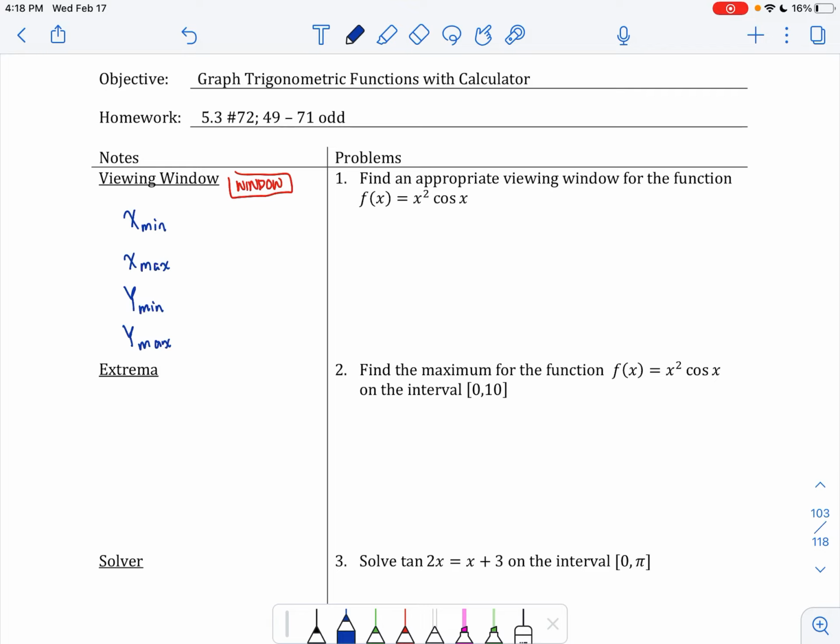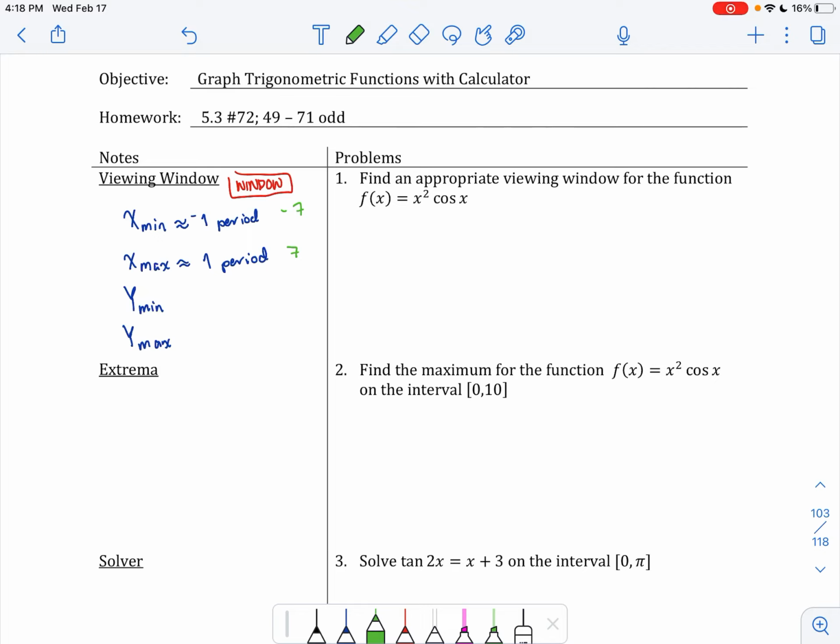Now, your x min and your x max, generally, we want these approximately equal to 1 period. So for min, you have a -1, for max, +1. If your period is 2 pi, you can just type that in there. Since 2 pi is about 6, maybe just put -7 and +7 as a nice default.